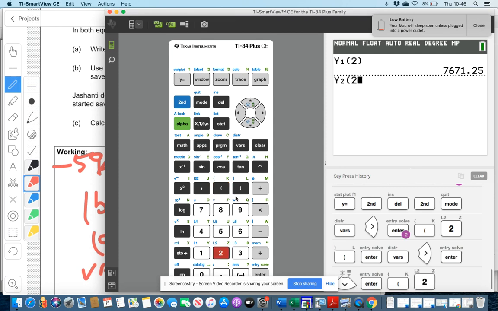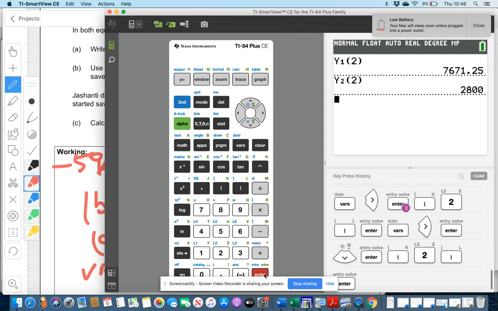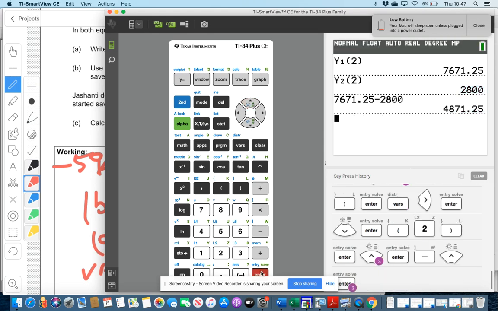And the parents got to make up the difference between these two sums. So basically, there's our workings. 7,671.25 minus 2,800. I can go up and grab those on the TI-84, no problem. Enter, minus, grab this other one, enter, enter.